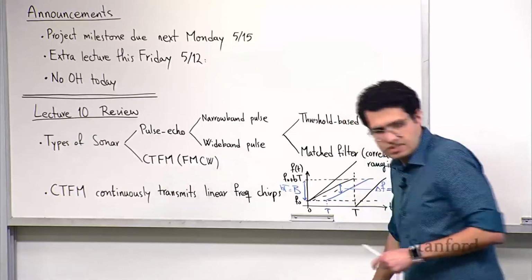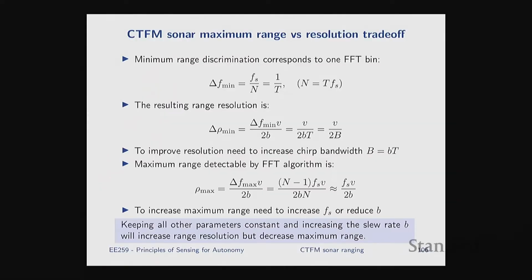So if you just change the slew rate, increasing the slew rate, so larger B, will improve the resolution, right? Because this delta rho will become smaller, which is a good thing. That means you can discriminate targets that are more closely spaced in range. So you get better resolution, but you're going to reduce your maximum range, right? So there's always a trade-off there.